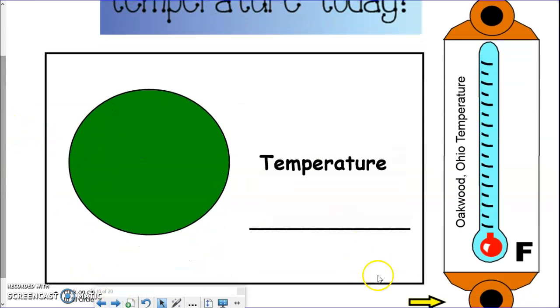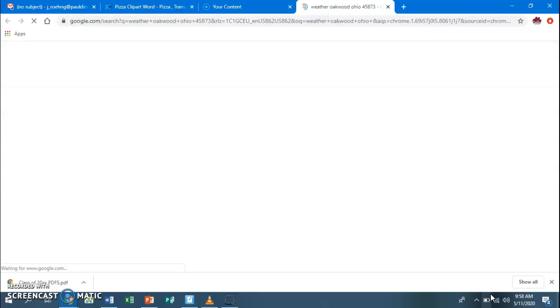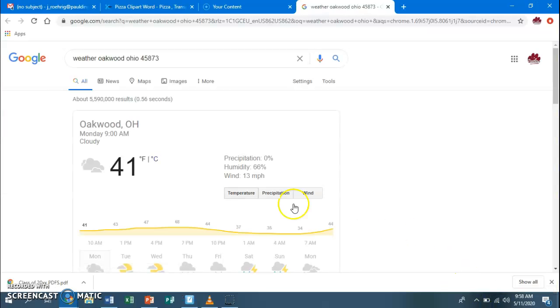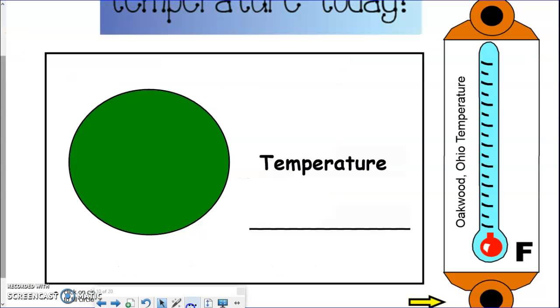Okay, let's see what the temperature is in Oakwood, Ohio. All right, in Oakwood it says it is 41, look right here, degrees Fahrenheit. 41 degrees Fahrenheit. Okay, so let's go ahead and write it down and over, down once more.